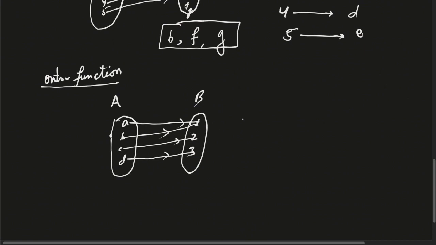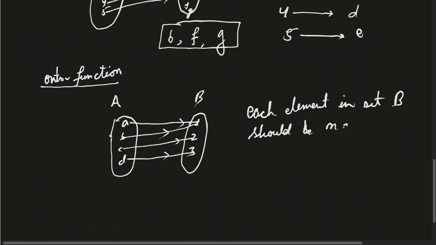So each element in set B should be mapped, no element can remain unmapped.